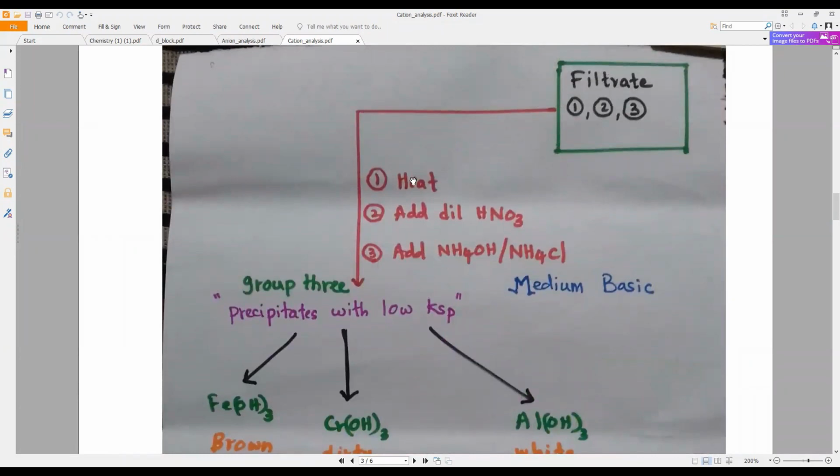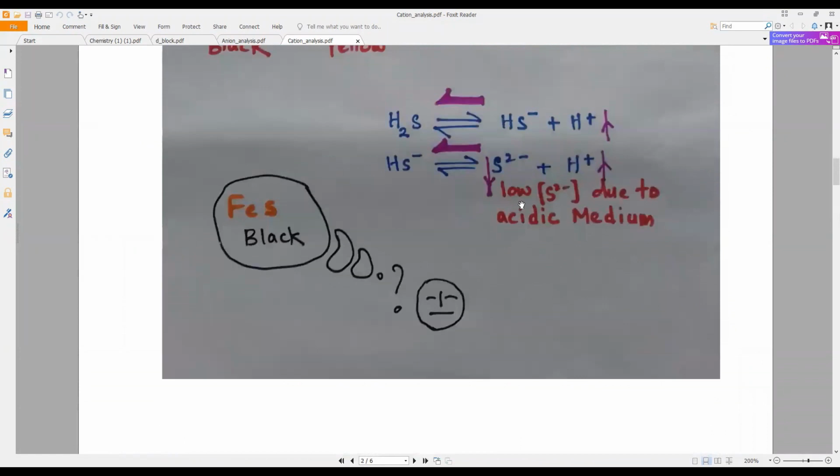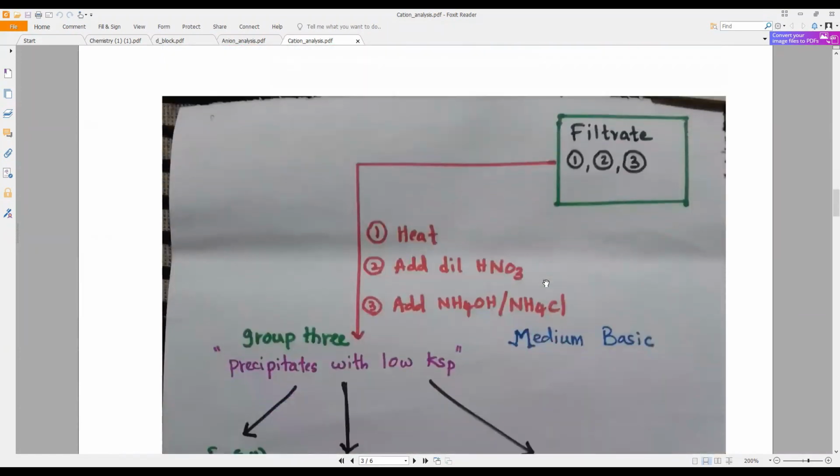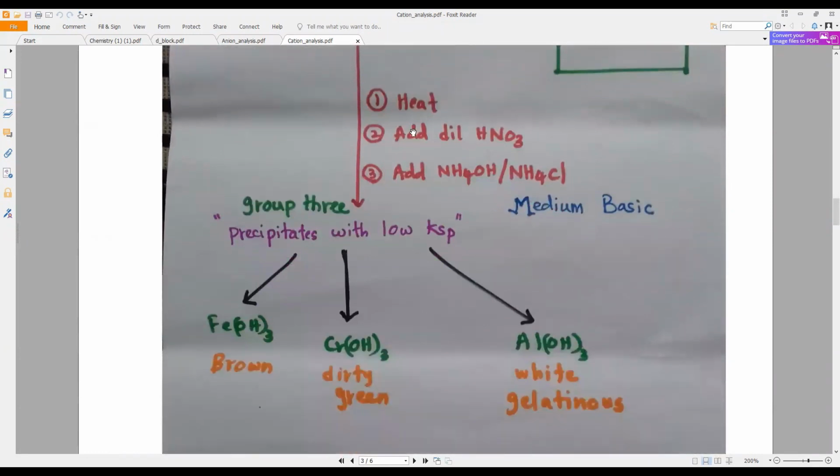So here, from the filtrate from group 2, after precipitation of all these sulfides, we come here, we add a little bit of diluted HNO3, because if you have some amount of Fe2 plus in the solution, first we need to oxidize it to Fe3 plus. That is why we add diluted HNO3, and then we add ammonium hydroxide with ammonium chloride.